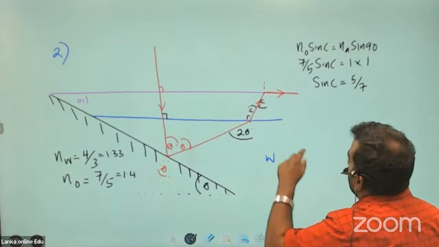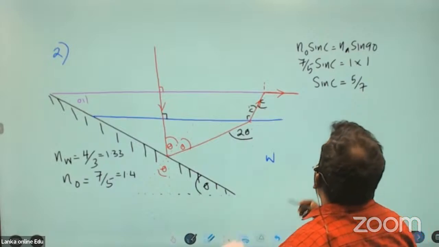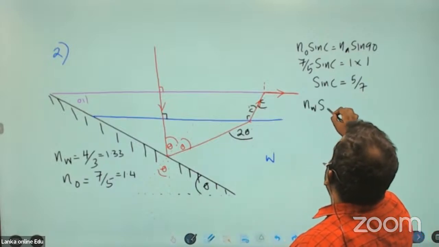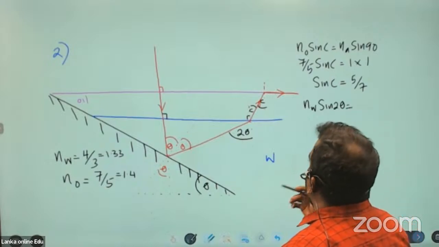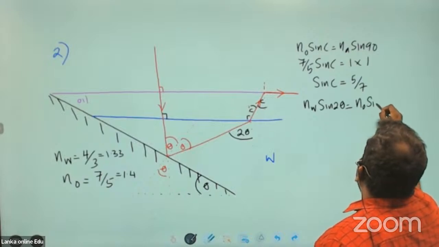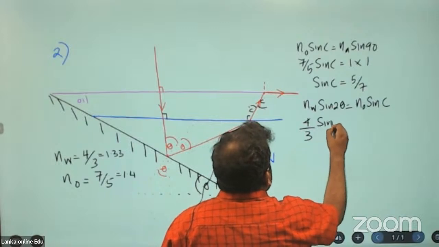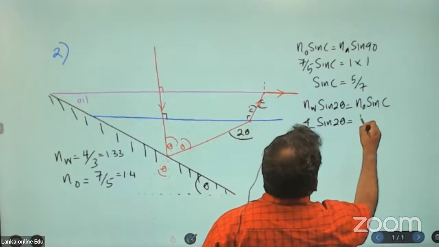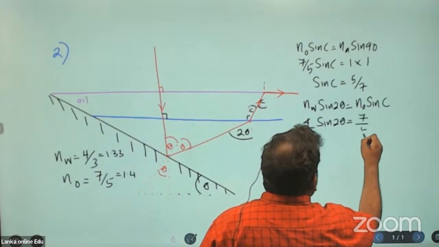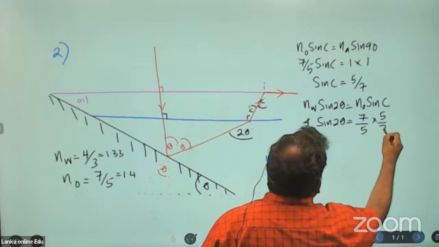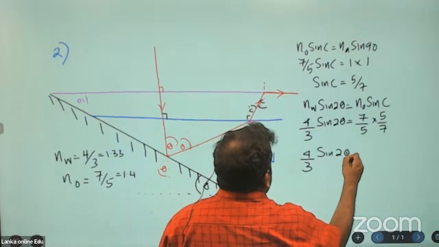Now we can apply here: refractive index of water sin 2 theta equals refractive index of oil sin C. Here 4 over 3 sin 2 theta equals 7 divided by 5 times sin C, which is 5 over 7.